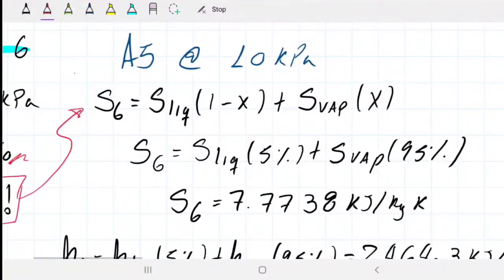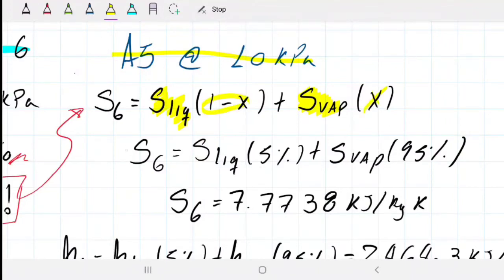So what I do now is I go straight onto table A5, 10 kilopascals, and off this table I can read all the information that I need, right? So I can read the saturated liquid entropy and the saturated vapor entropy. I know the quality, it's 95%, and this is going to be my 5%, right?